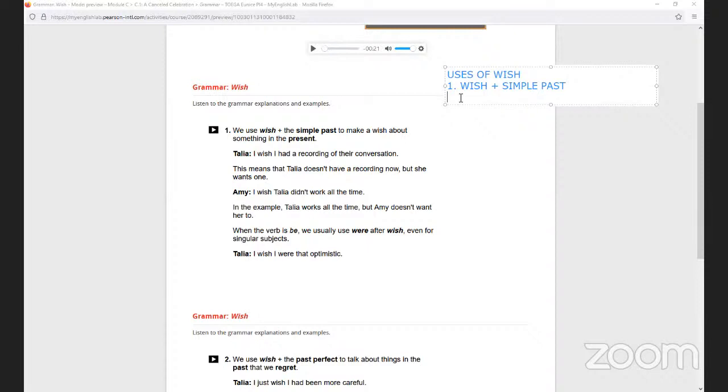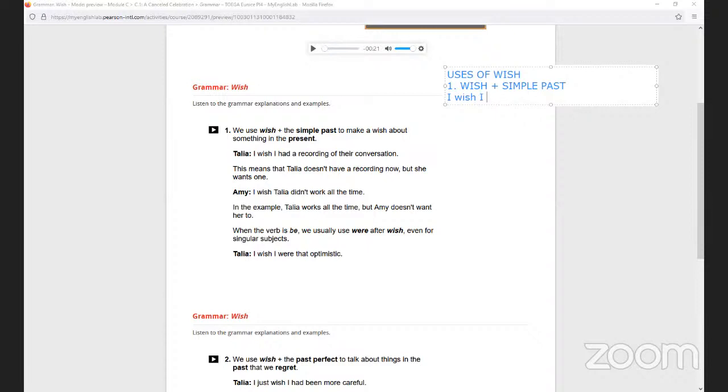For example, I am in the street and I see, I don't know, a beautiful car and it is on sale. So what will I say? This is my wish. I wish, and I have to use the simple past, the whole statement, since the subject.